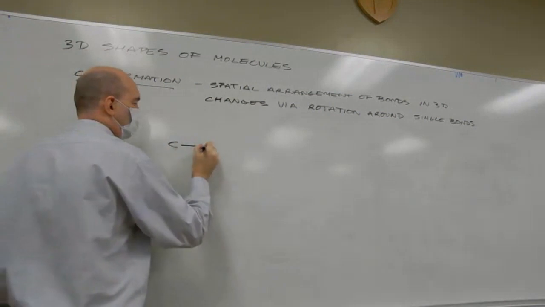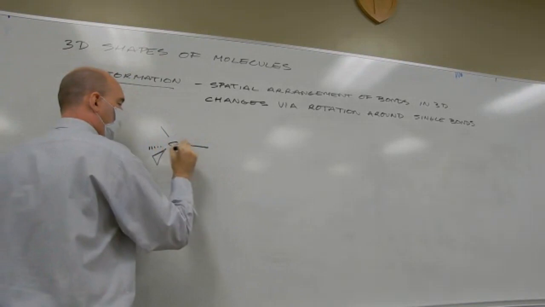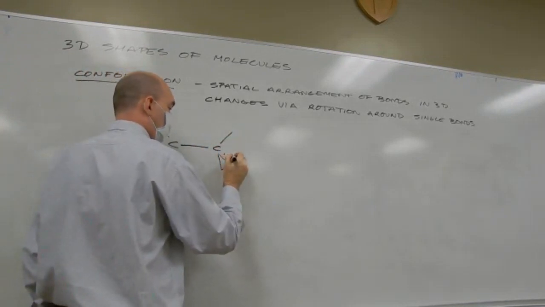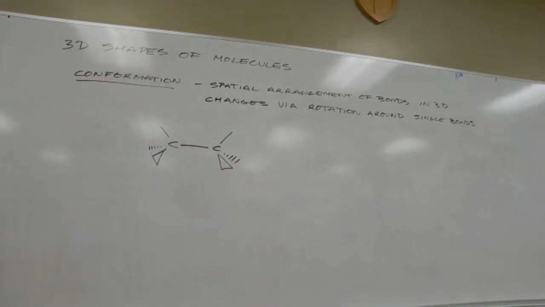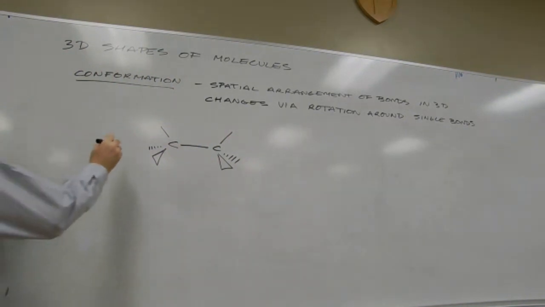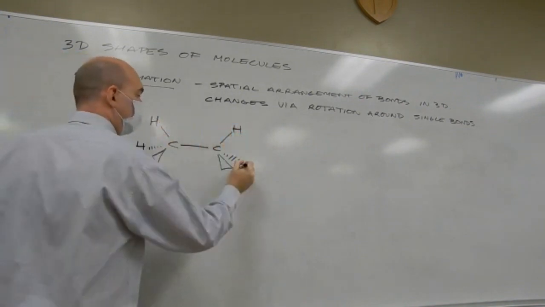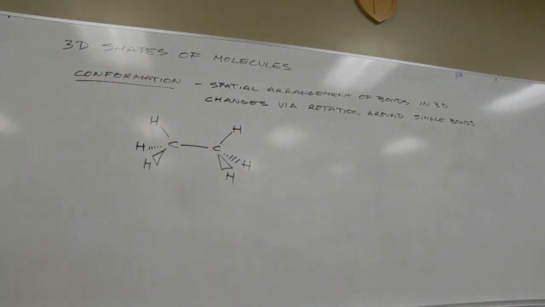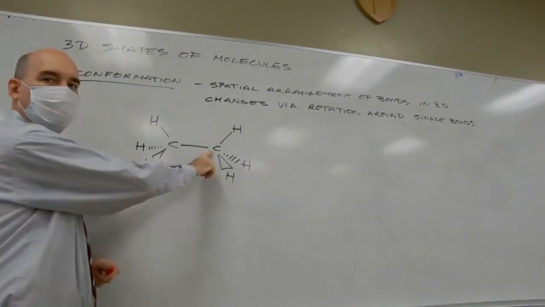So, the first thing that we're going to do is draw representations of tetrahedra. Any bond that is in the plane of the paper is written as a straight line.